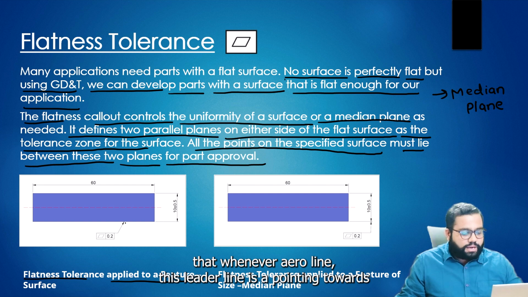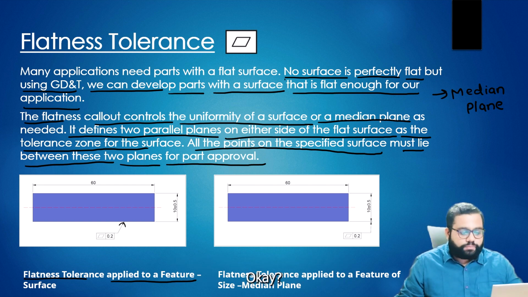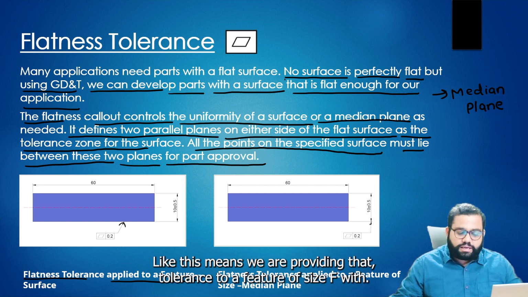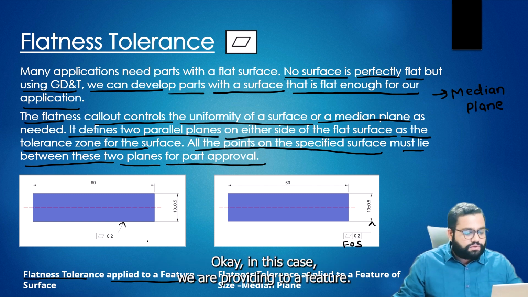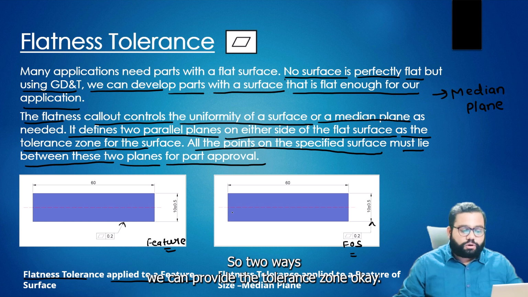Whenever the leader line is pointing towards the surface, that means we are providing tolerance to a feature. Whenever the leader line is in line with the dimension line, it means we are providing tolerance to a feature of size, FOS. So there are two ways we can provide the tolerance zone.